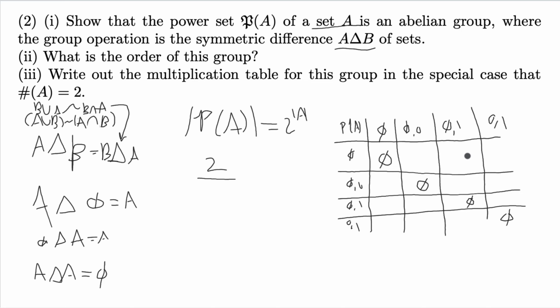Next, let's try this one. Let's fill out this row, and since this is the identity element, as we've shown before, this is going to simply be all of these subsets themselves, and we can continue that in both columns. Oops, that should be a 0.